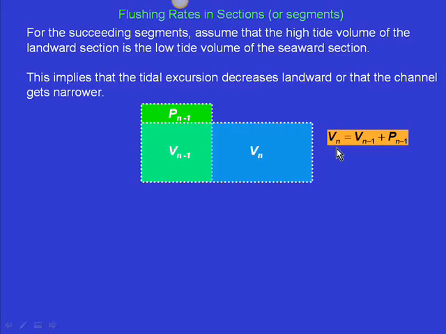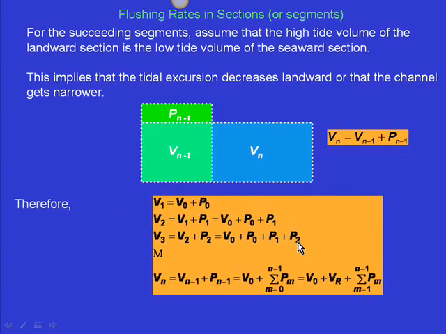So we have, in general, that the volume of the n segment, this volume, is going to be equal to the volume at low water of the previous segment plus the tidal prism. So what we can write in general is that for the first segment after the river segment, we have the volume of the river plus the tidal prism in the segment.